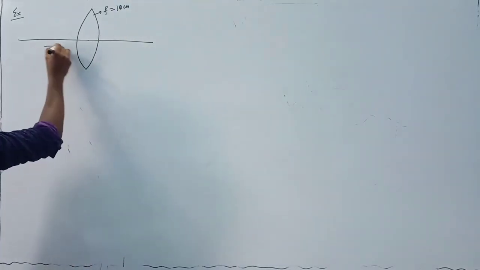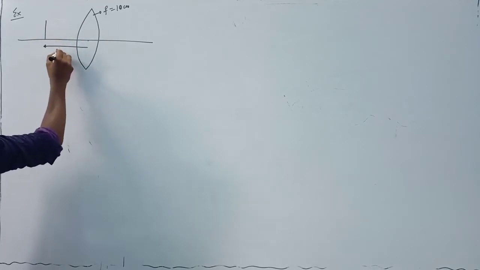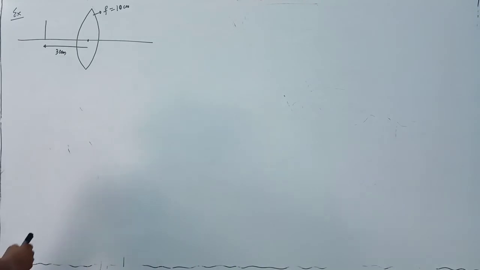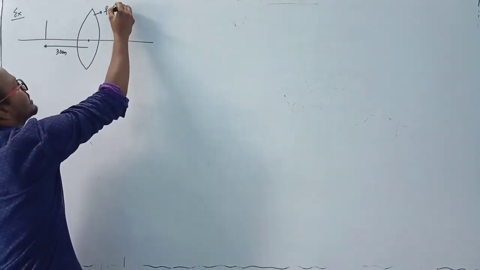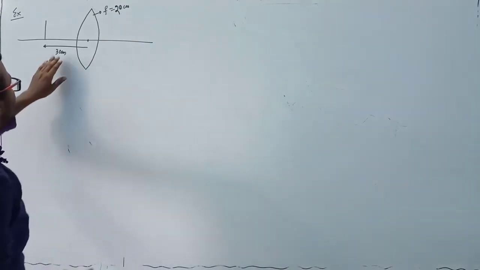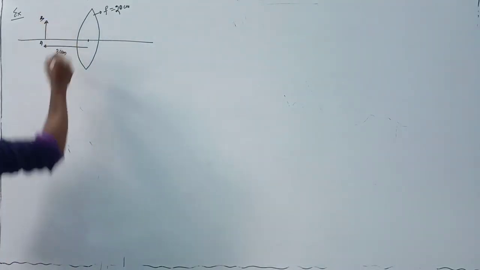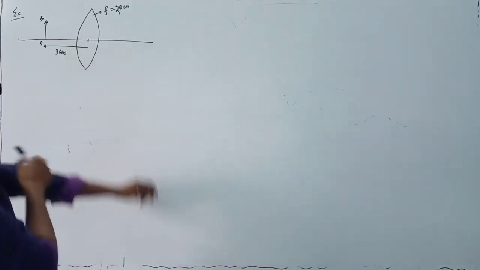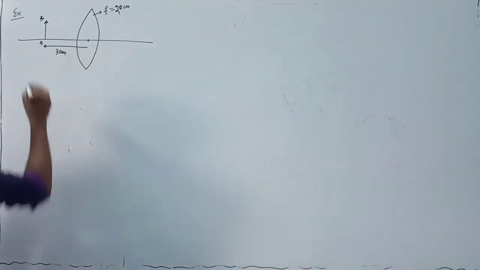There is an object AB which is situated at a distance 30 centimeter from the lens. Find the image distance of this lens. Clear? So we have to find the image distance of the object.